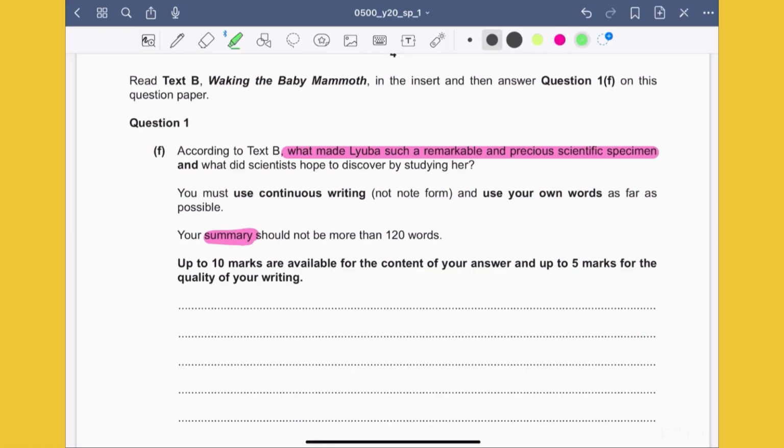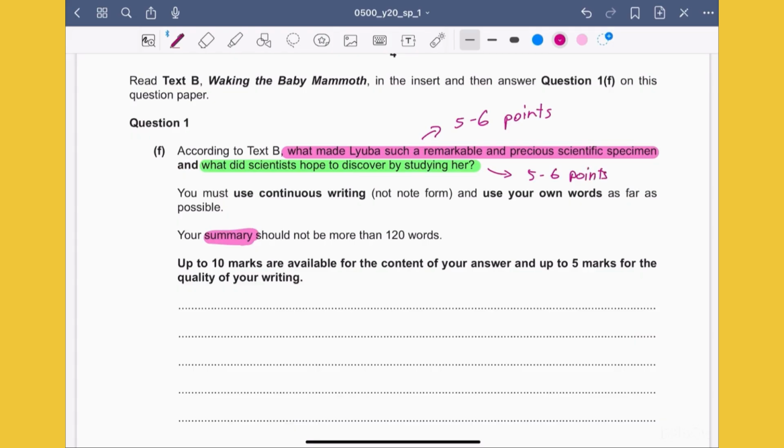And then there's a second part of the question which is asking, what did scientists hope to discover by studying her? And then you find separate sets of points for this question. Usually, not all the time, but usually the text will provide you 5 to 6 points for the first part of the question and another 5 to 6 points for the second part of the question.